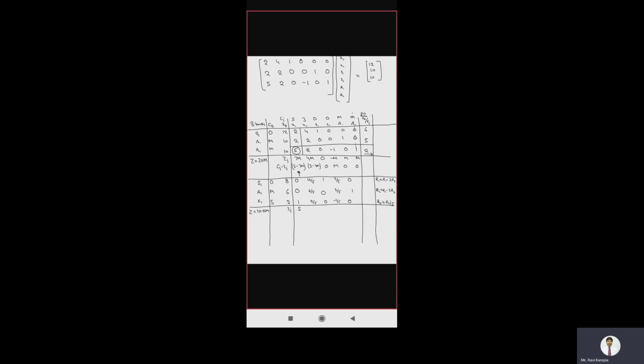So we have 6m by 5 plus 2. Right? So this will remain 0 because both the values are 0. And then this is 1. So this is 2m by 5 minus 1. Okay. And this is m.